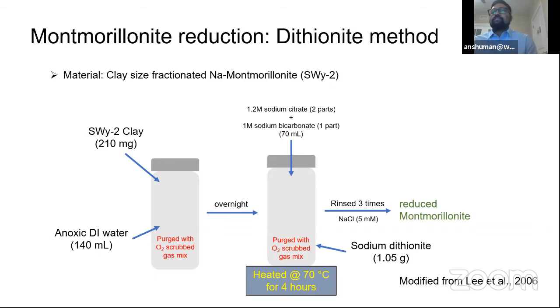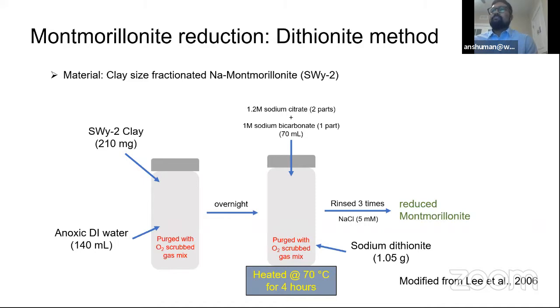What we used is an already widely used method for Montmorillonite reduction. Again, it has been done at lab scale and has not been demonstrated in the field anywhere.